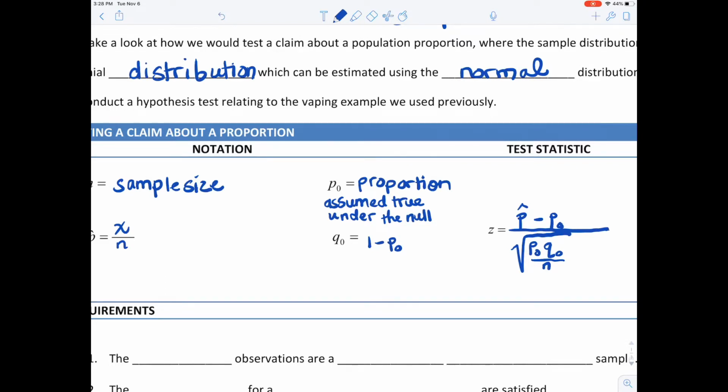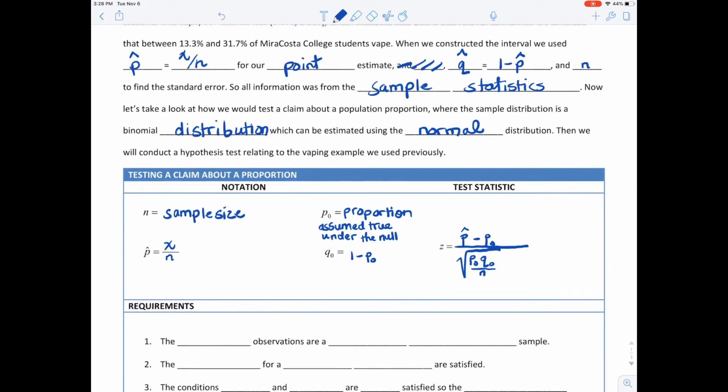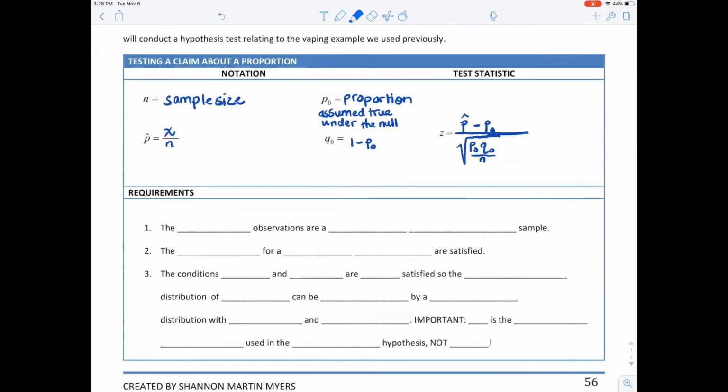Good so far? Awesome. Notice here that unlike the confidence interval, the only sample statistic that we're using is this P hat right here. The other ones are the things that we're assuming to be true under this null hypothesis.